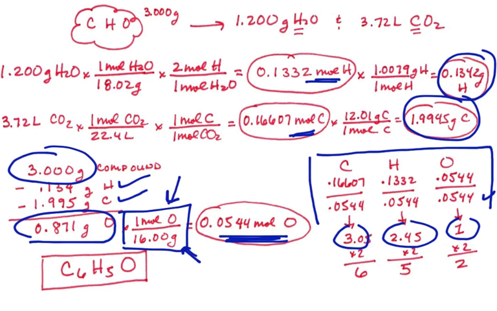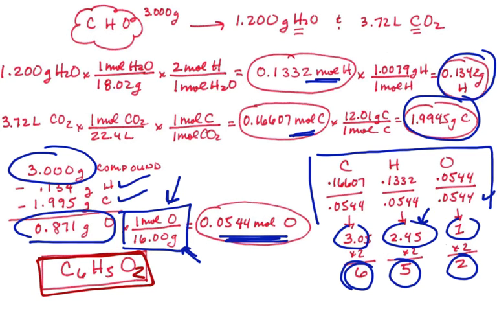That's still not going to quite work because it's 2.45, but that's almost 2.5. So we're going to double each of these numbers, and we get a 6, a 5, and a 2. That leads us to our final formula, C6H5O2, and that is our empirical formula for this compound. That's it.